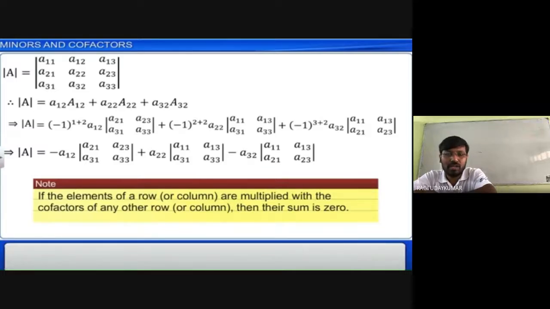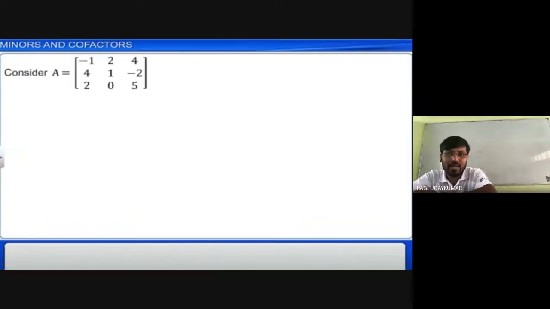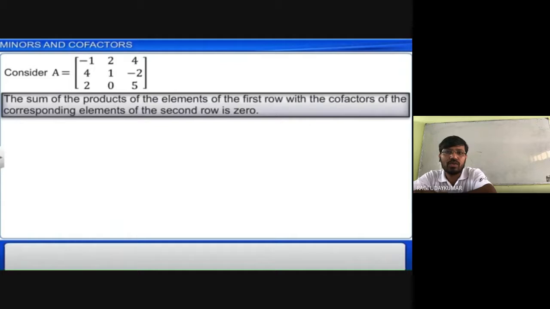You see here, if you take this matrix, minus 1, 2, 4, 4, 1, 2, the sum of the products of the elements of the first row with the cofactors of the corresponding elements of the second row is 0.